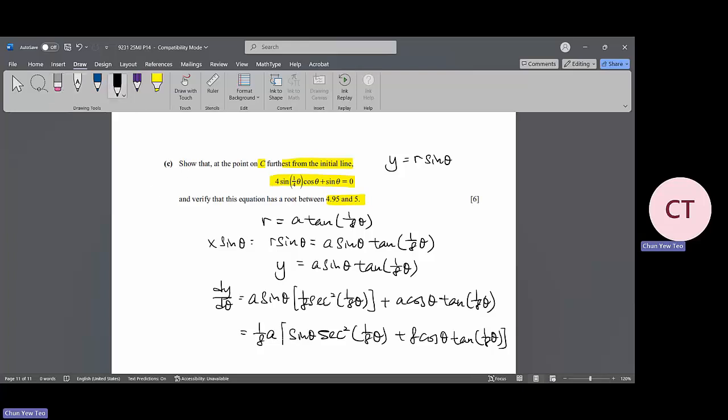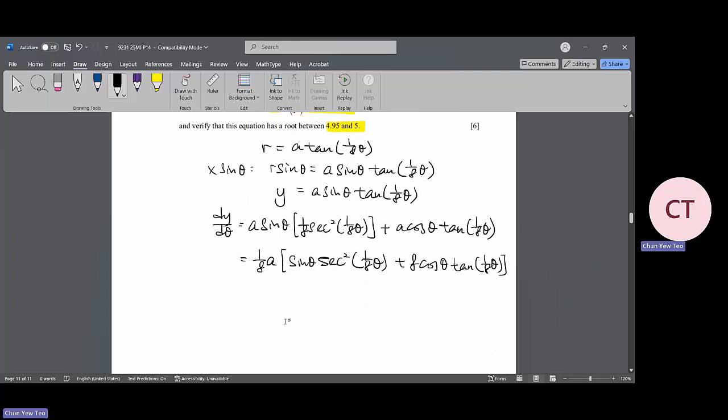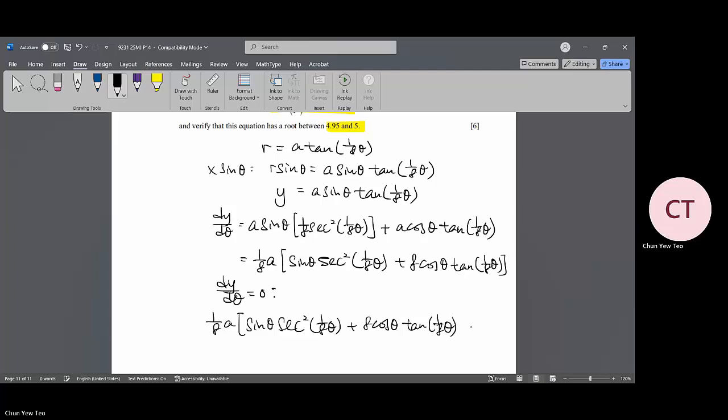In order to get the maximum distance from the initial line, our dy d theta must be 0. So that means 1 over 8a times the whole thing, sine theta secant square 1 over 8 theta plus the 8 cos theta tangent 1 over 8 theta, is equal to 0. Okay, so this cannot be 0, because a is a positive constant.